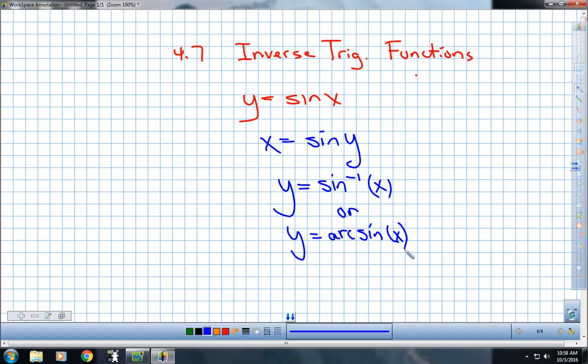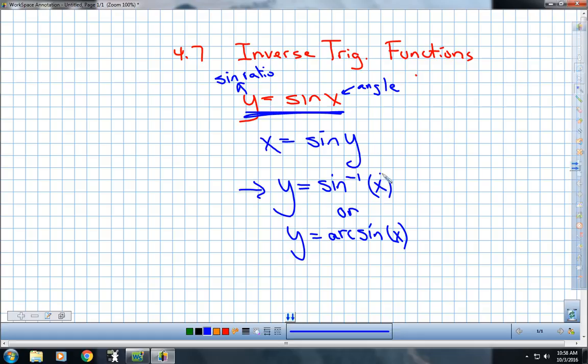All right, now, when we said this originally, when we said y equals sine x up here, you take the sine of an angle, right? So the x was the angle, and the y was the sine ratio. Right? So think about this, because this is the part that I think is kind of tricky. Let's go down to this one where we're talking about y equals the inverse sine of x.